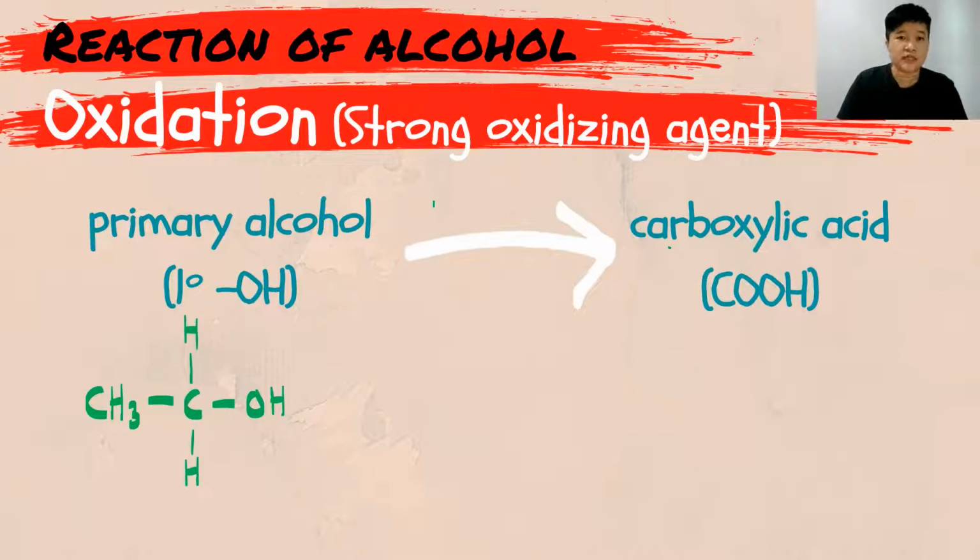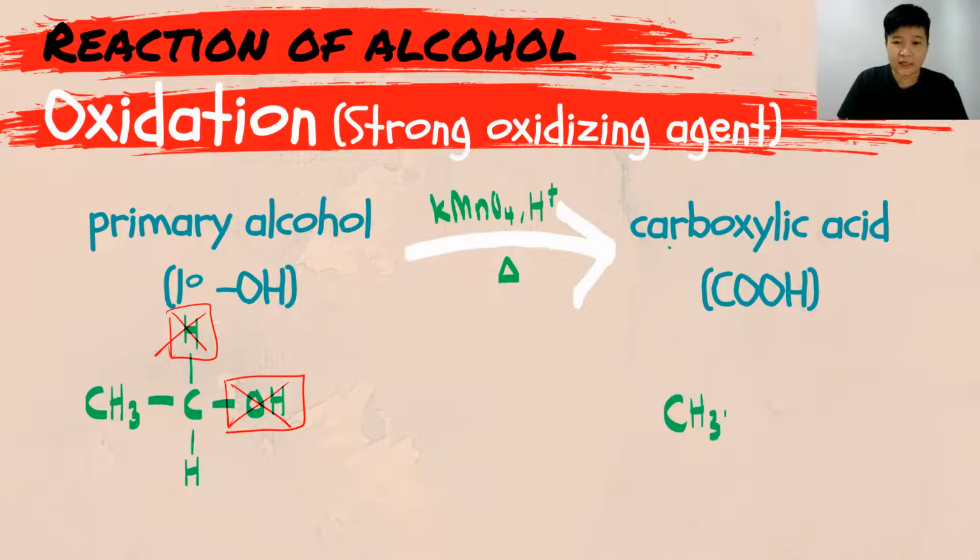And when I'm using my strong oxidizing agent, for example, KMnO4, H plus, heat, what happens over there? First and foremost, you will remove one of your OH and one of your H. When you remove your OH and your H, both of them will then become double bond O.